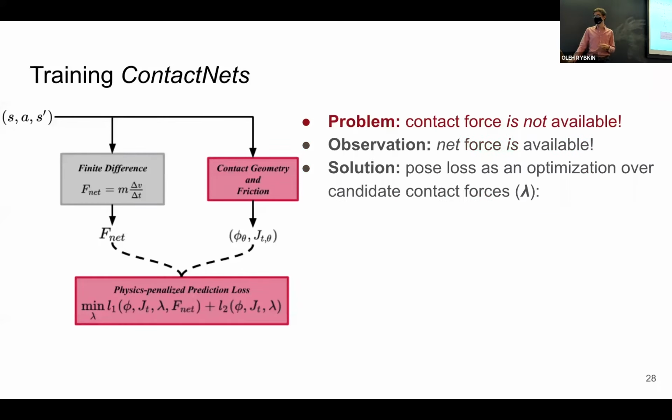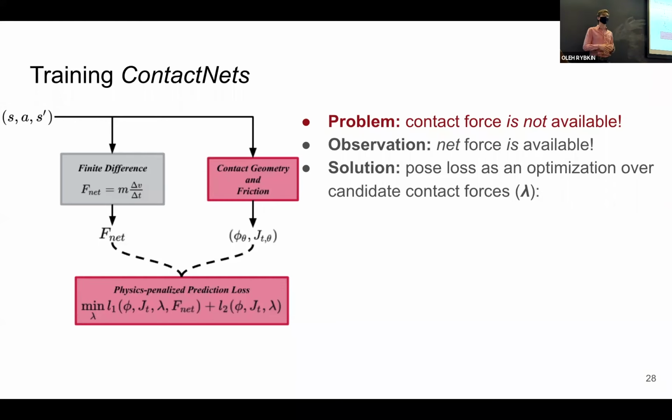The second thing we're going to do is relax the idea of what the loss does. Prediction loss would say that given our current state and action, we want to definitely be able to predict the next state. If we had the contact forces, we might say that from this current state and action, under these contact forces, we should arrive at the next state.